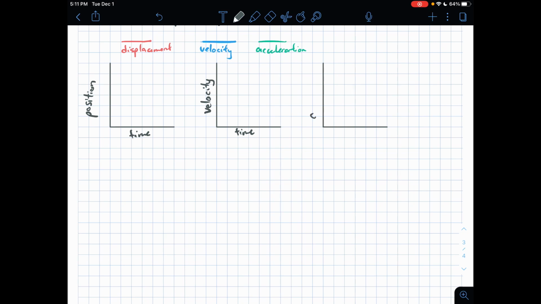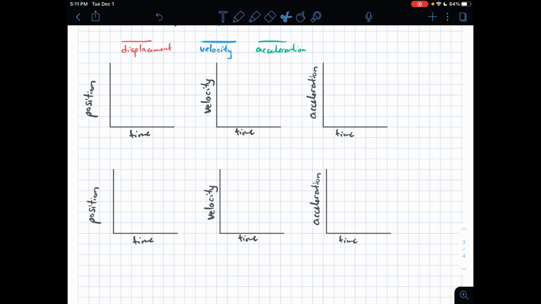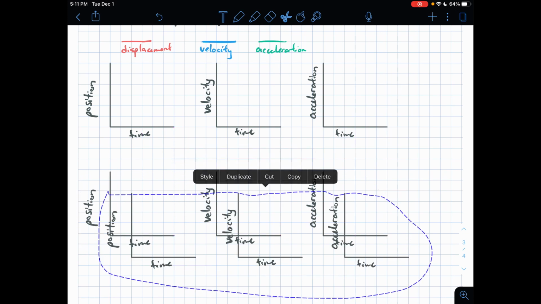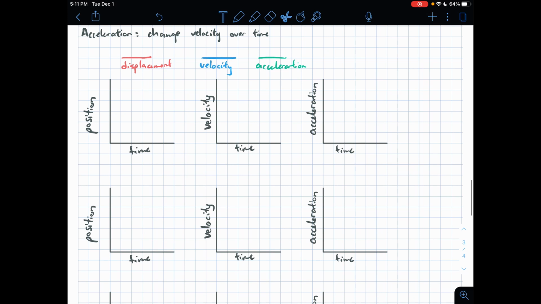And the third one is an acceleration time graph. And we will have 3 scenarios here. The first scenario is going to be constant displacement.